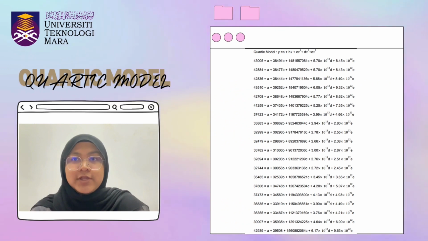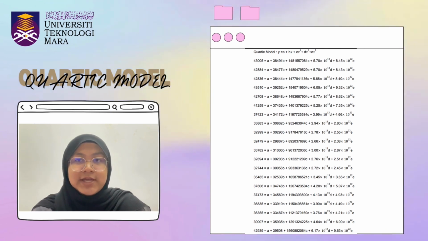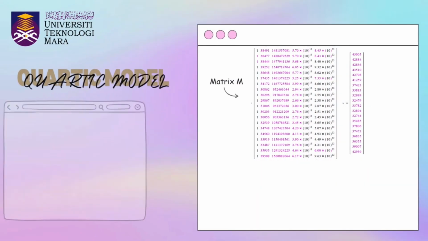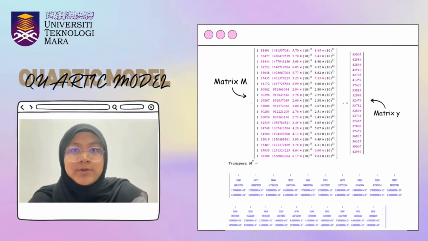Next, we go for the quartic model. We use the quartic model equation y equals a plus bx plus cx squared plus dx cubed plus ex to the power of 4. There are 20 data that we put in this quartic equation, where y represents the number of deaths and x represents the number of crashes. We set up the matrix M by using values of the quartic equation just now.